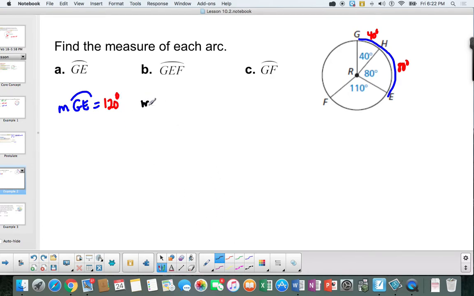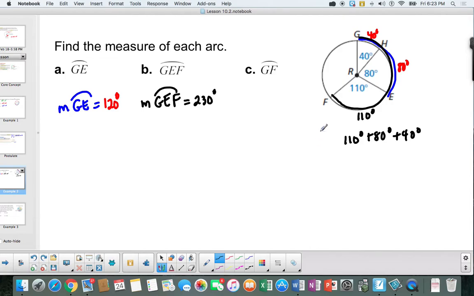I want to find the measure of arc GEF. So it's going all the way around here, GEF. I already know that this portion is 40 and 80, and this arc will be 110. So I'm just going to take all 3 of them and add them together, and that's going to be equal to 230 degrees.